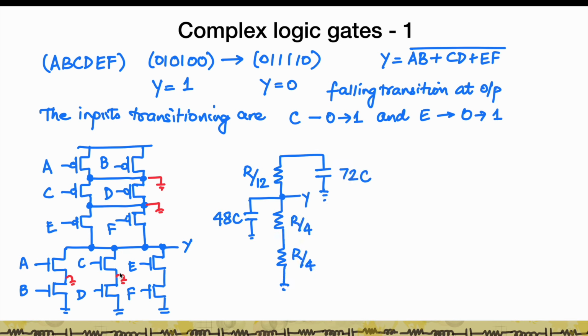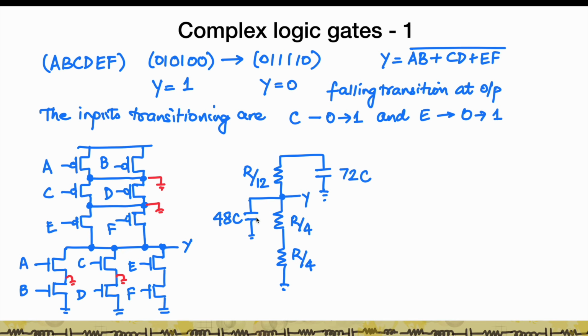So if I were to draw the Elmore circuit, this is my output node. My C transistor is the one that's actually going to be pulling my output node to 0. And so if I look at that, what I have is my output node R by 4, because both C and D are sized 4. So this is R by 4 and that's R by 4.